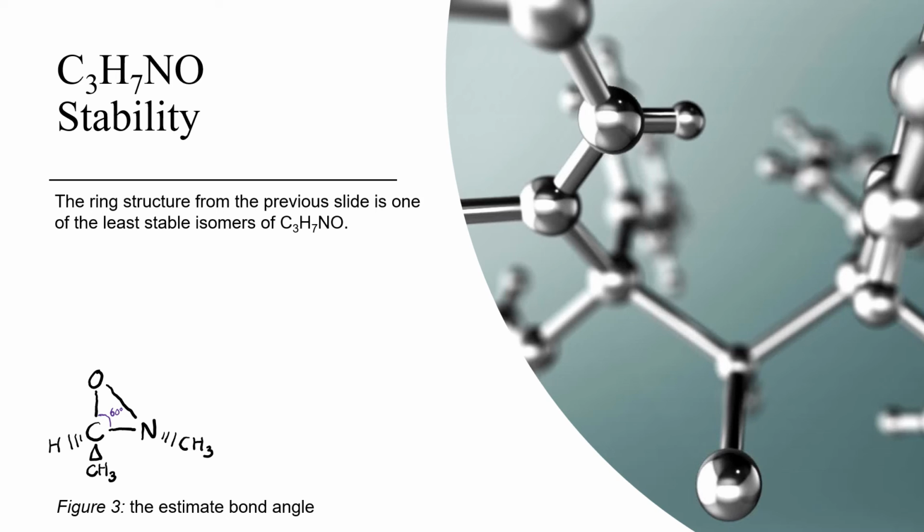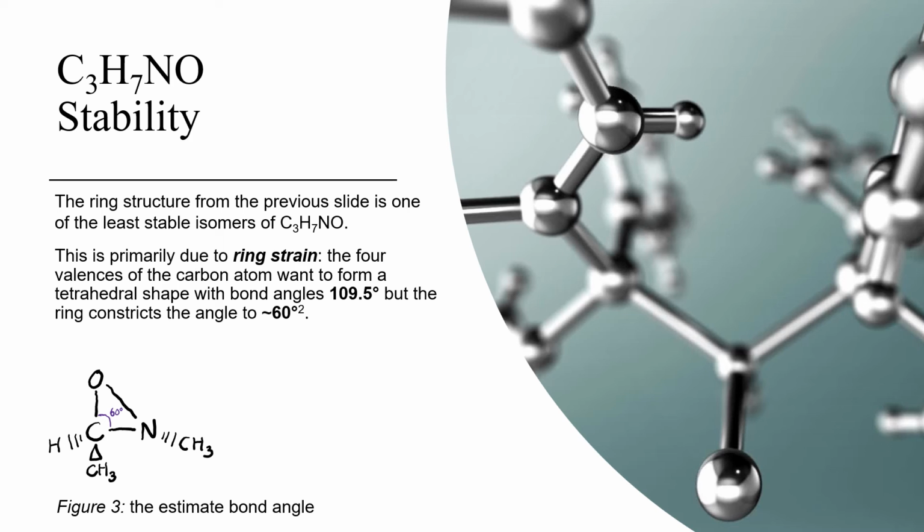And this could be for two main reasons. The first is due to ring strain. The 4 valences on the carbon atom want to form a tetrahedral shape. However, this is disallowed by the ring structure.